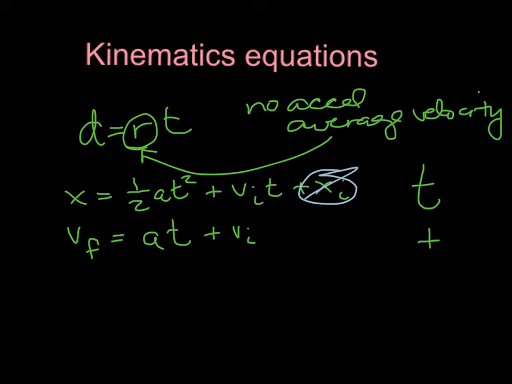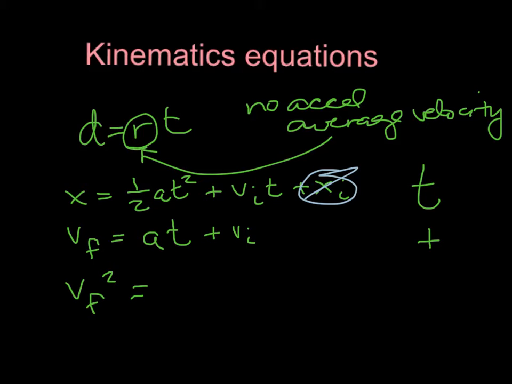And the last one, which is actually very handy. If you don't know the time and you don't want to find it, you would use this one. If you look at the first instance, ooh, yuck, that's a quadratic equation. Yes, this is a quadratic equation too, but it's usually easier to solve.